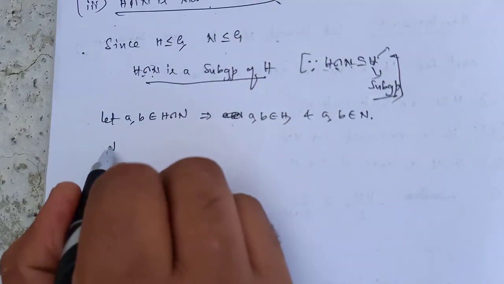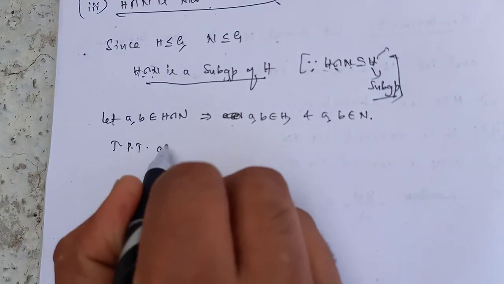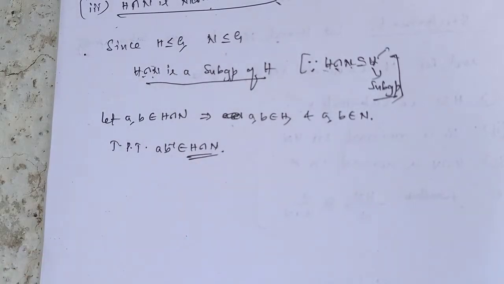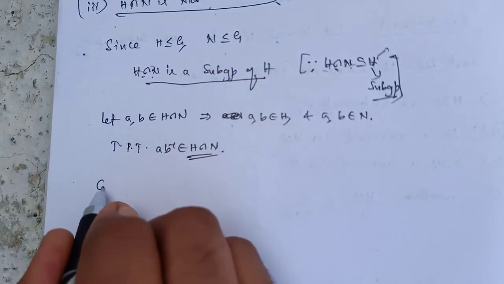Now to prove that ab inverse belongs to H intersection N, consider ab inverse.